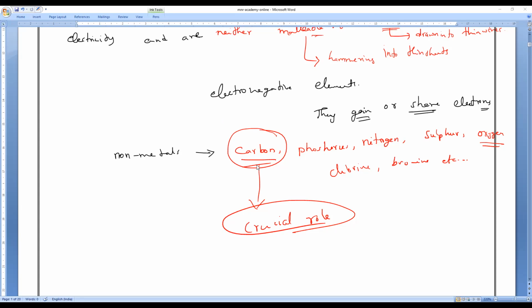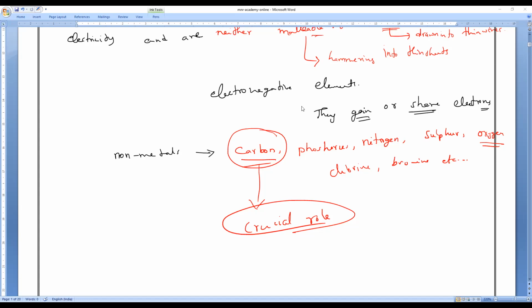Next, there is another non-metal which is essential for breathing: oxygen. So we can say life is not at all possible without oxygen. Without carbon, there is no growth of the body.